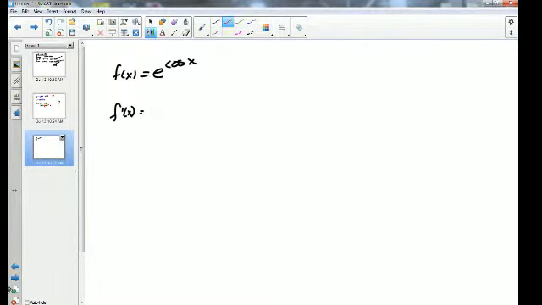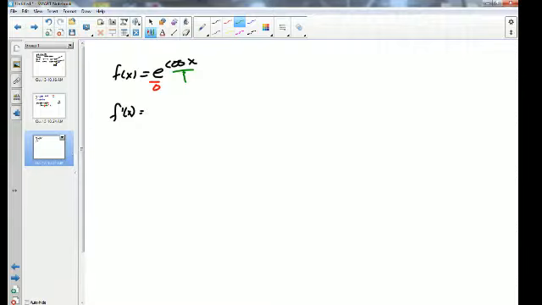Ephraim, can you identify the outer function? Are you sure? No. I can tell you're not sure. You should be, because it's right. This is the outside, and the inside is cosine x.